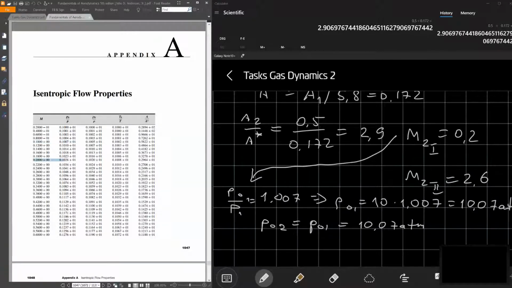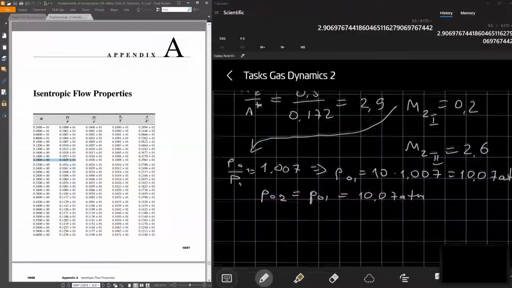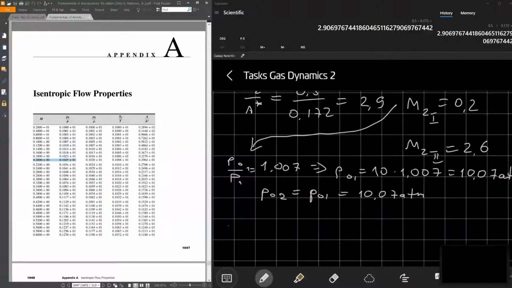This is the Mach number at the subsonic case, this one, and it corresponds to a pressure ratio of 1.028. I will write that subsonic case, case 1, P02 divided by P2 is 1.028.